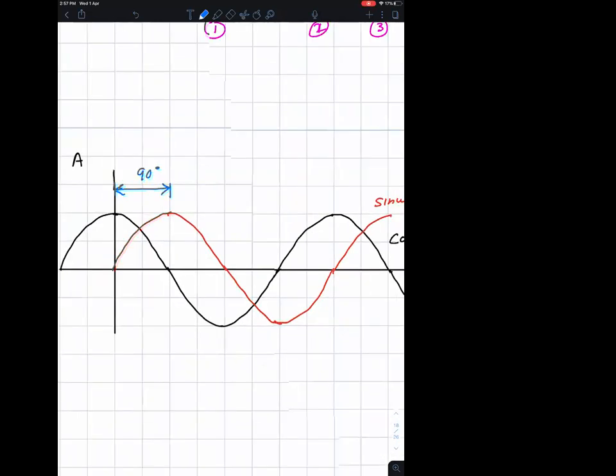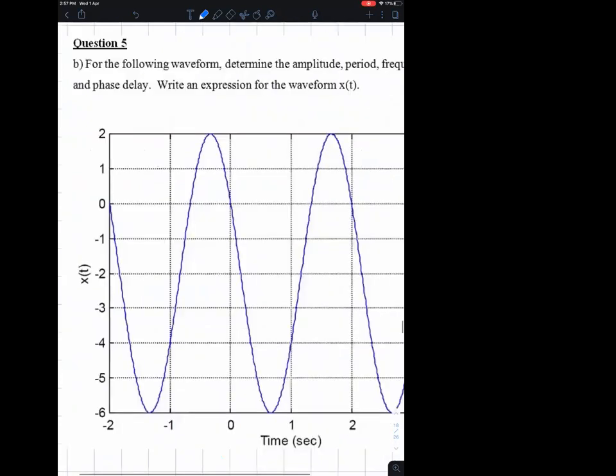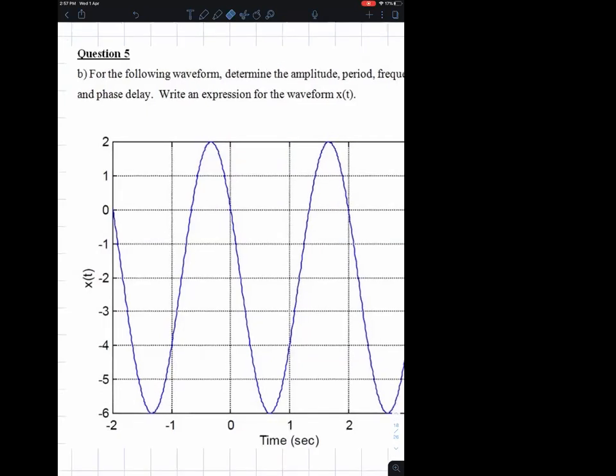But if I were you, I'd see which one it is. Cosine usually starts from here, but sine is far away from here. So cosine is very close to this, so we can assume this is a cosine wave that has been phase shifted. It's up to you.